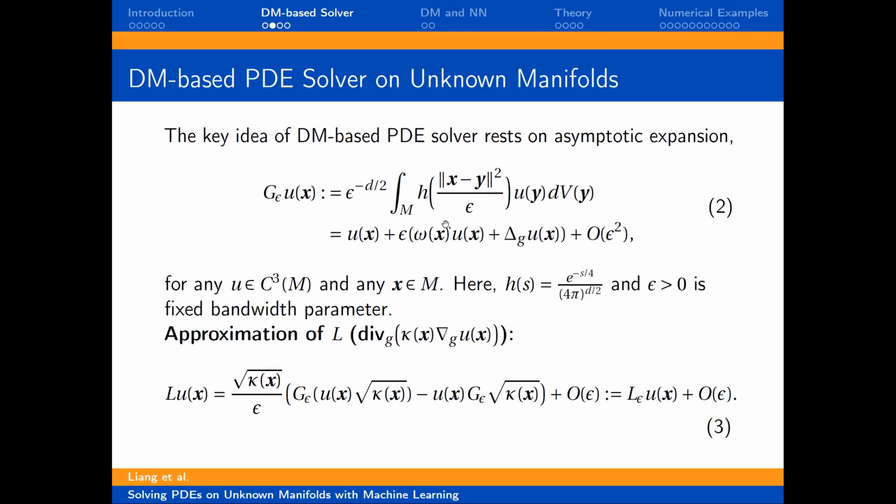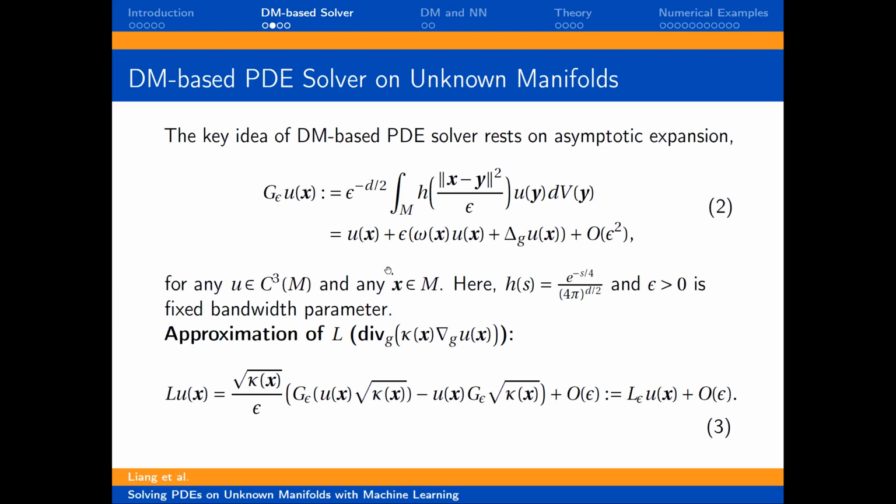Now let me introduce the diffusion mapping. The key idea of the diffusion mapping-based PDE solver is based on the asymptotic expansion. We use the notation G epsilon to represent the convolution of the kernel function H and the function U. The function H is an exponential decay function with a fixed bandwidth parameter epsilon.